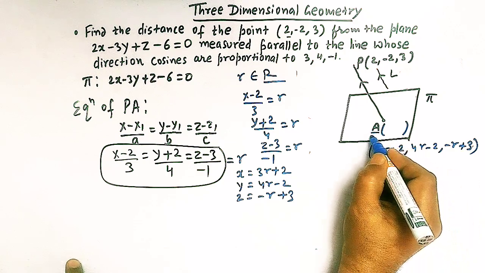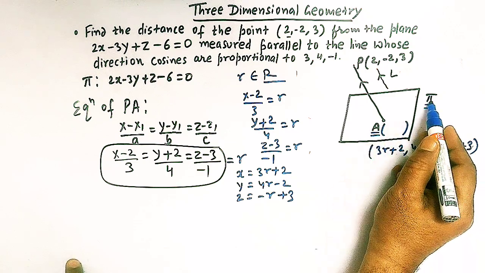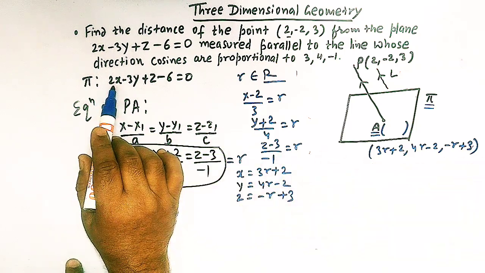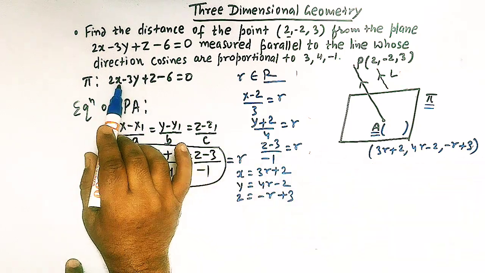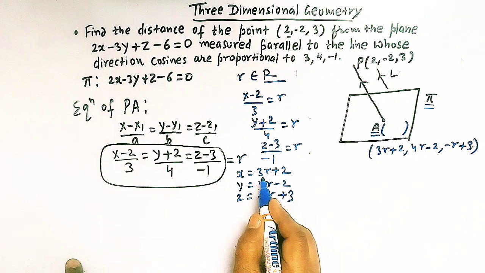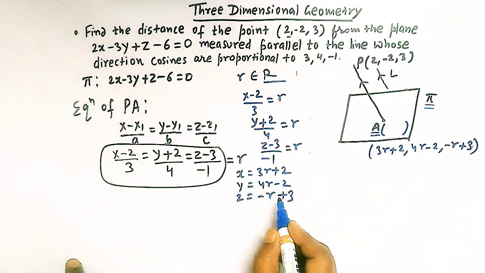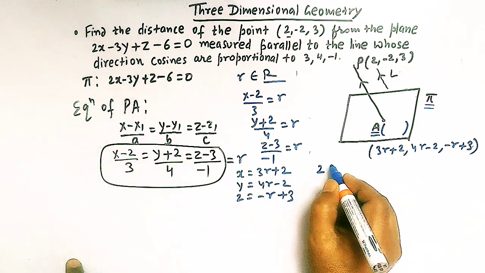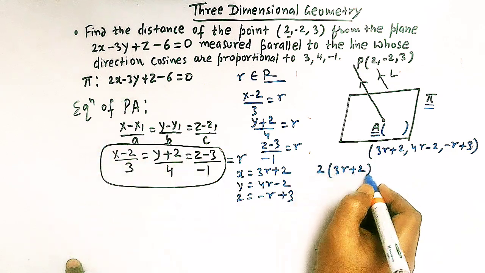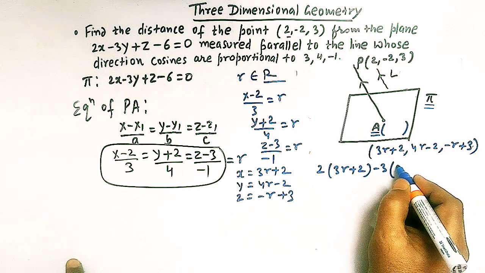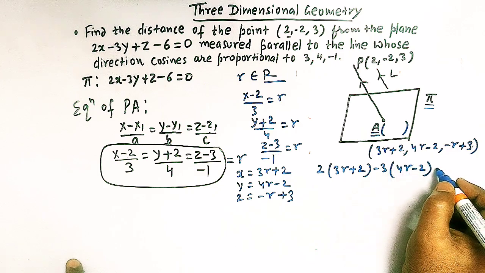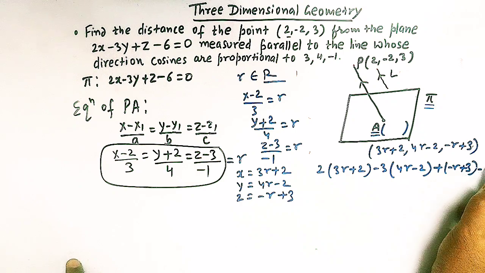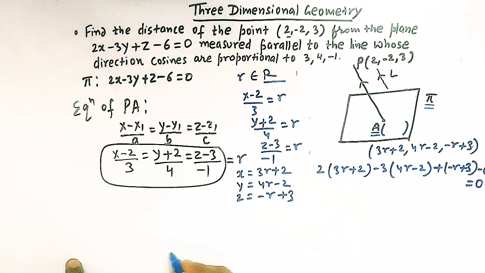Now this point A lies on the plane pi. So this coordinate must satisfy the equation of the plane. So substituting x, y, z as 3r plus 2, 4r minus 2, and minus r plus 3 in this equation, we have now (3r plus 2), then minus 3(4r minus 2), and then we have (minus r plus 3), and minus 6 is equal to 0.